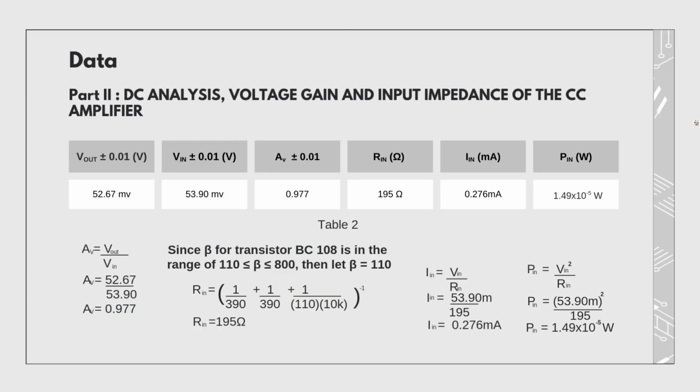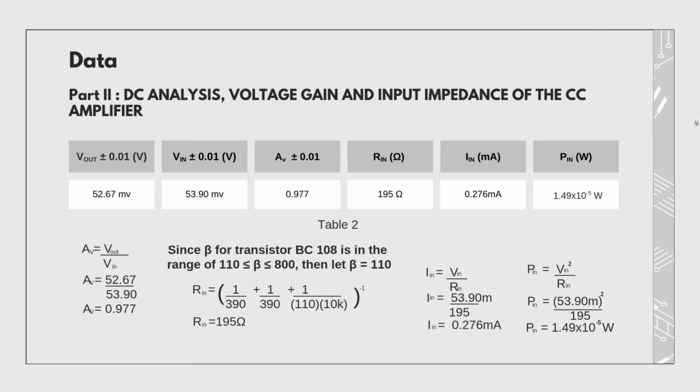Using the formula that I gave before, we can calculate the AV, which is 0.977, almost 1. Since beta for transistor BC108 is in the range of 110 to 800, we can assume the beta is 110, and we insert it into the Rin formula, and we get the Rin value is 195 ohm.